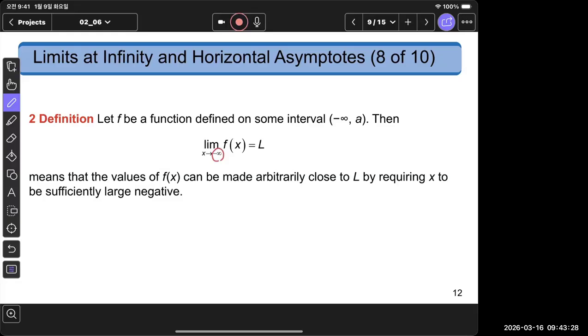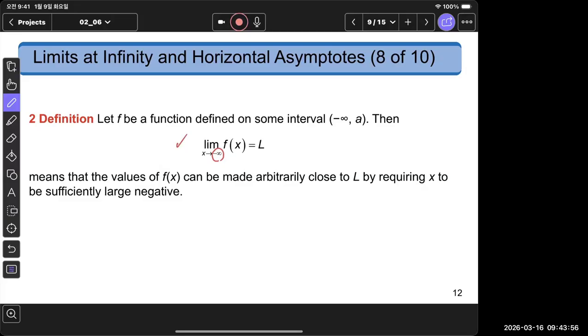It means the values of f of x can be made arbitrarily close to L by requiring x to be sufficiently large negative, meaning as your x decreases without bound. If the function value is approaching some specific value L, then you may use this expression.